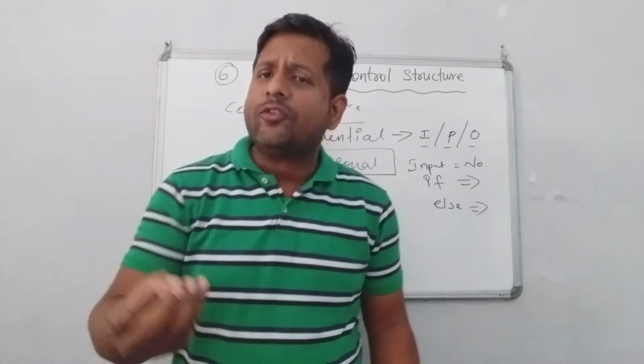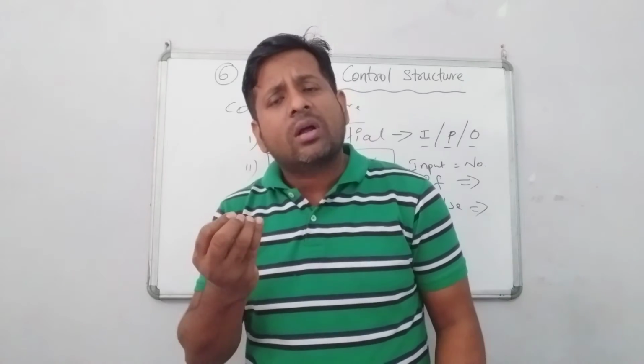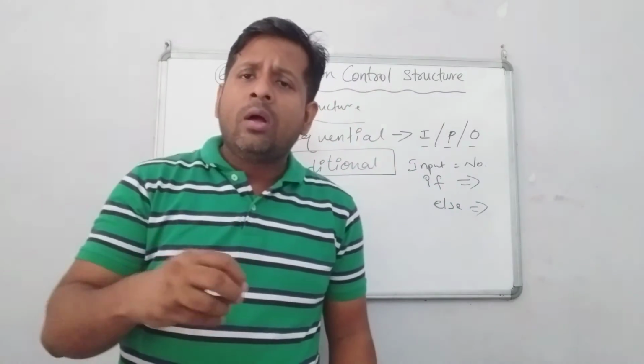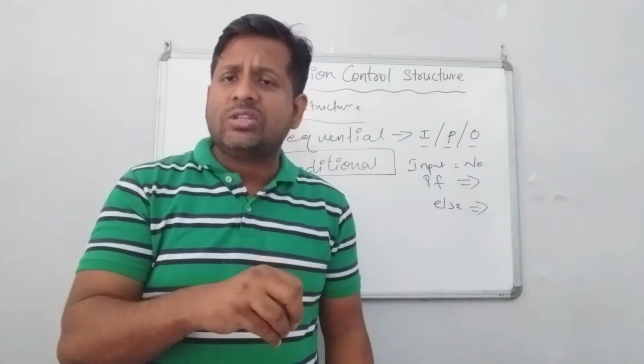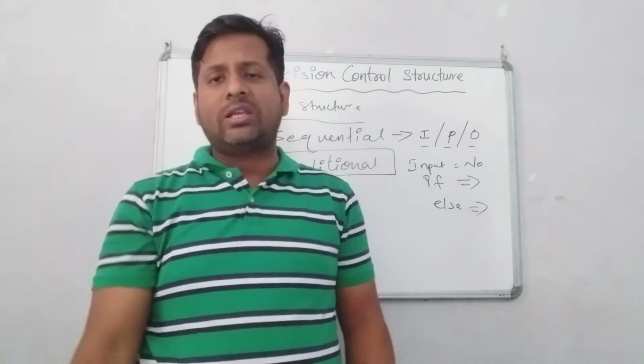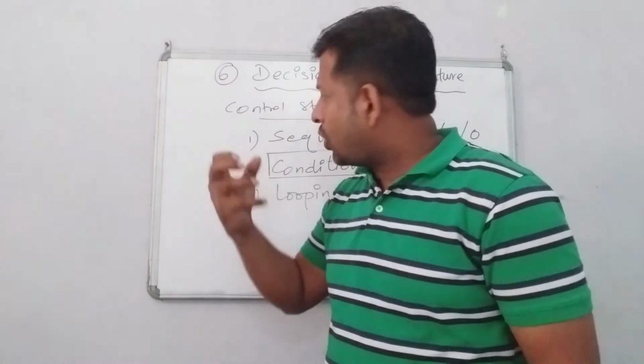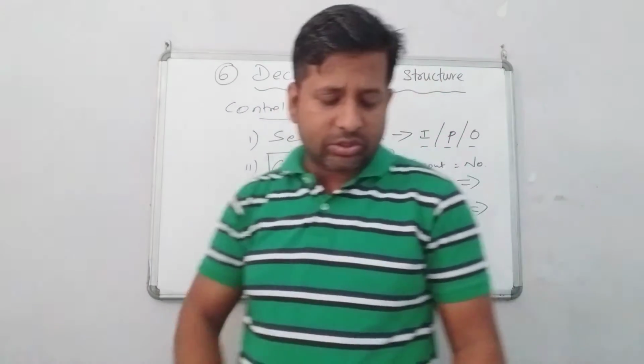So in day to day life also we follow some decisions, some conditions. In the same way in programming also, when the instructions are required to take a decision, such control structures are known as conditional control structures.